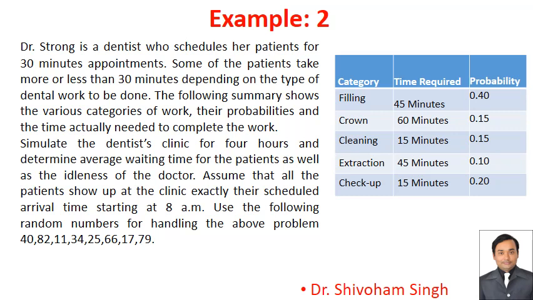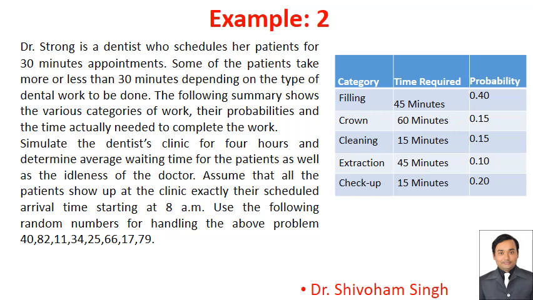We have to simulate the dentist clinic for 4 hours and determine the average waiting time for the patients as well as the idleness of the doctor. Assume that all the patients show up at the clinic exactly at their scheduled arrival time starting at 8. That means we have to predict for the next 4 hours starting from 8 a.m. in the morning. And we have to use the following random numbers.